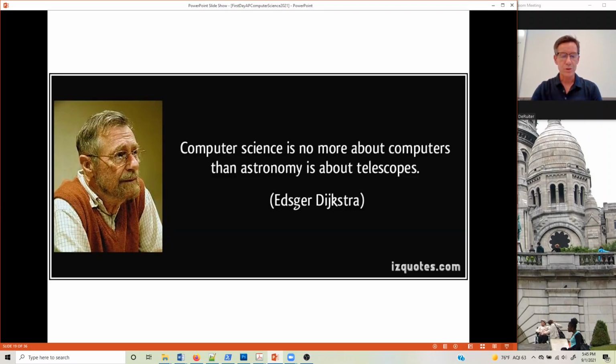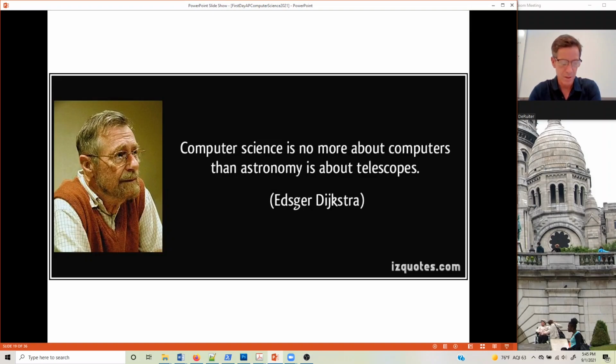In teaching AP Computer Science A, I like to think that it's more a course about problem solving than anything else. I really like this quote from Edgar Dijkstra: "Computer science is no more about computers than astronomy is about telescopes." We definitely need computers in order to accomplish the task of learning the language.